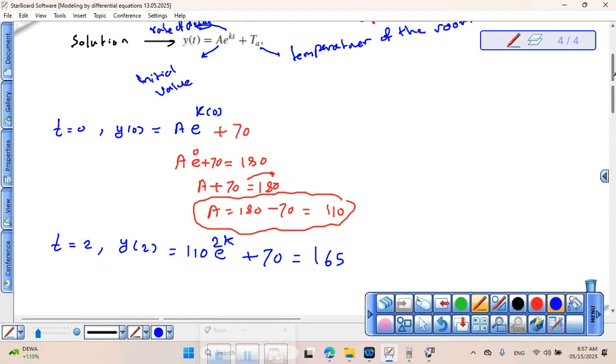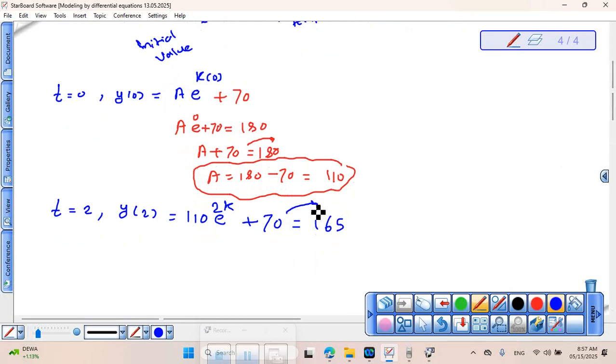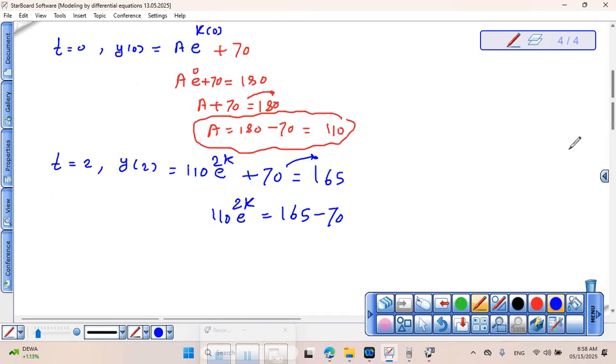Move to the other side: 110 e to the power 2k equals 165 minus 70, which equals 95.